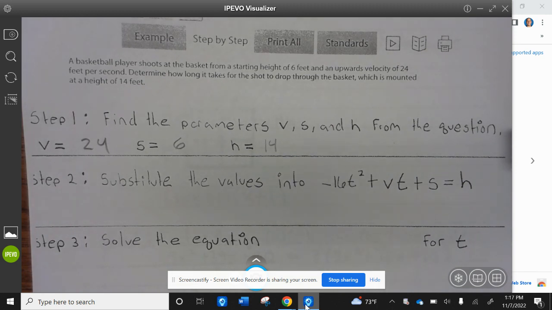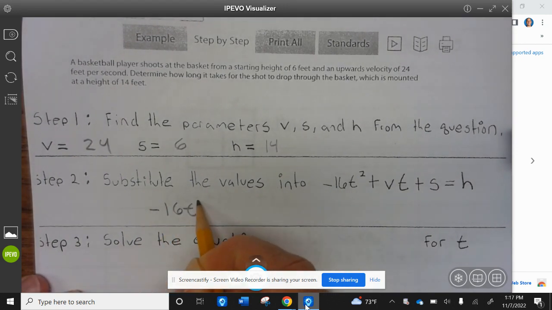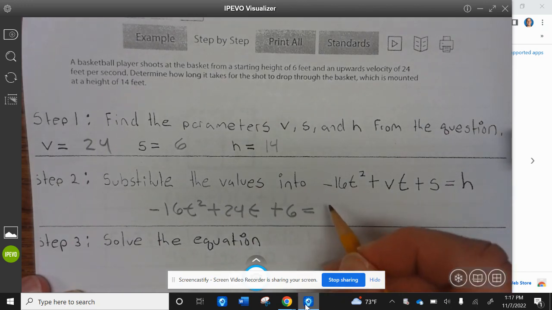Okay, so now we substitute these values into the equation. So that's negative 16t squared plus 24t plus 6 equals 14.